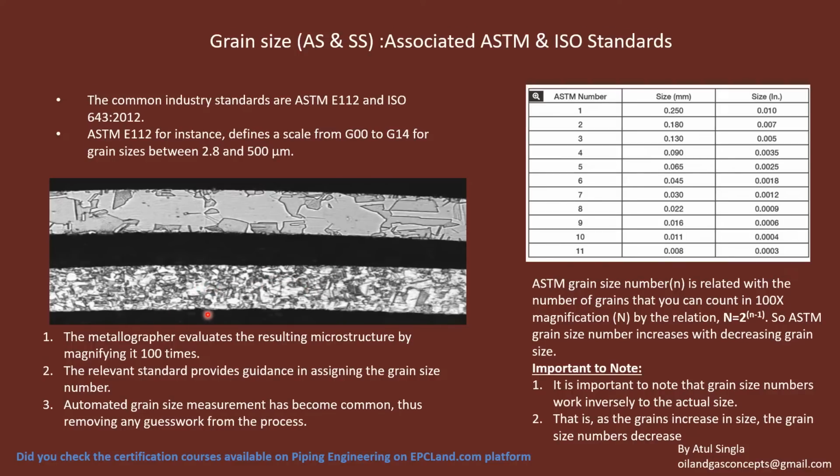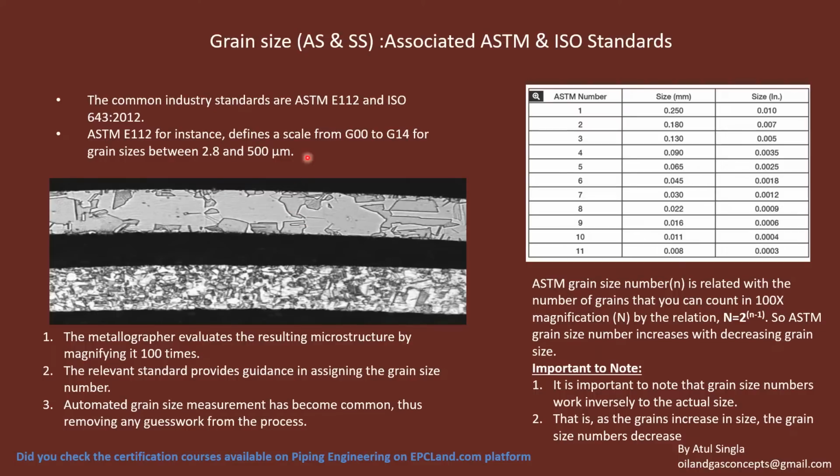Automated grain size measurement has become common, thus removing any guesswork from the process. So ASTM E112 is used to identify the relevant grain size. ASTM grain size numbers are given, and as the number increases, the grain size decreases.